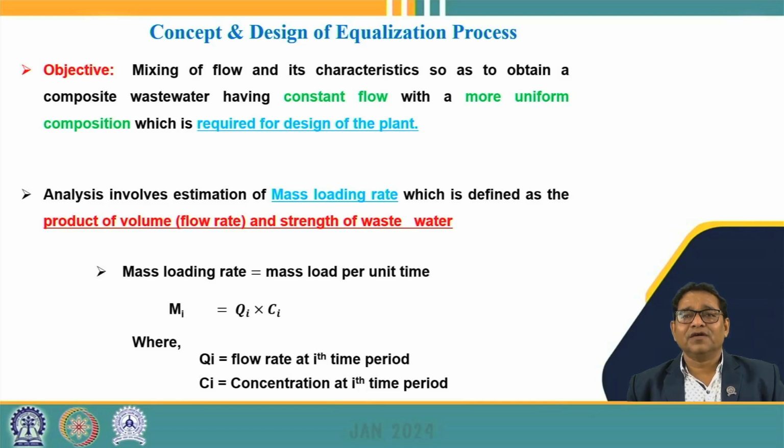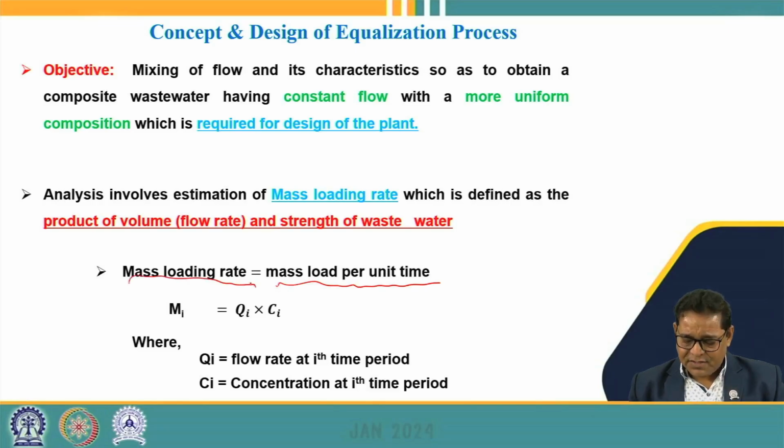The analysis of this equalization process basically involves determination of mass loading rates, which is defined as mass load per unit time, the product of the volumetric flow rate and the strength of the wastewater.